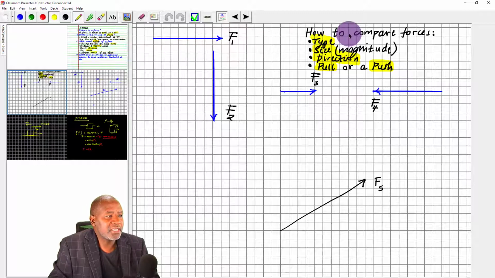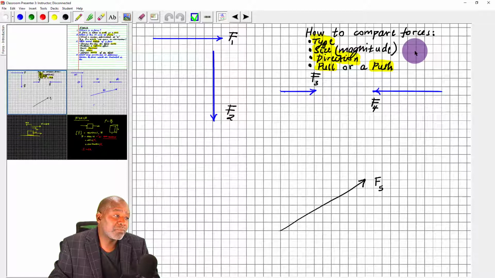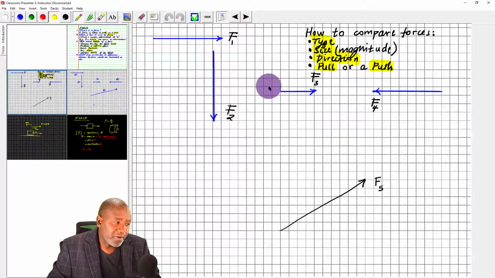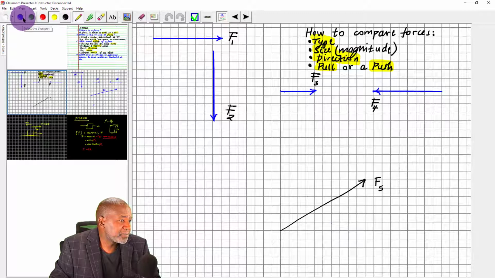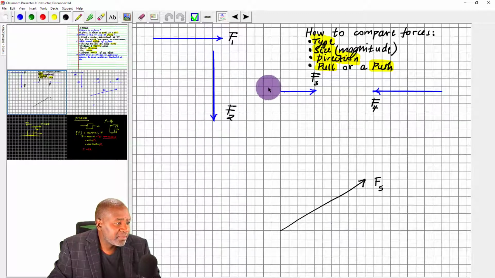And here it is. When we are comparing forces, we can compare them in terms of the type of force, which is what we are going to look at in our next lecture, in terms of the size, in terms of the direction in which it is acting, or whether it is a push or a pull. If I draw an object here, let's assume this is the object on which this force is being exerted.